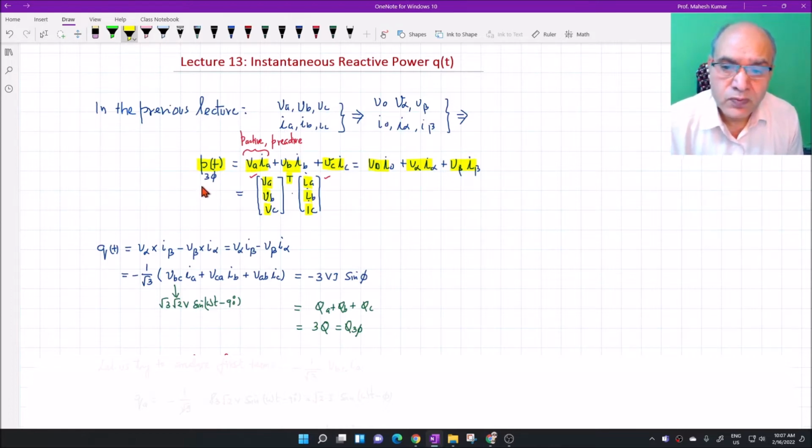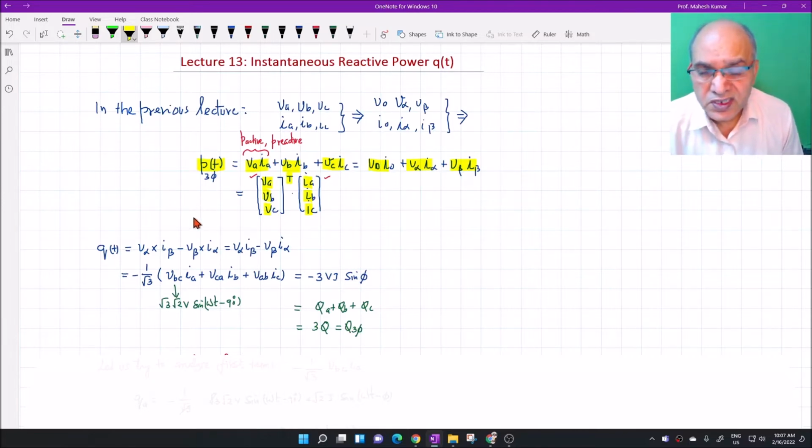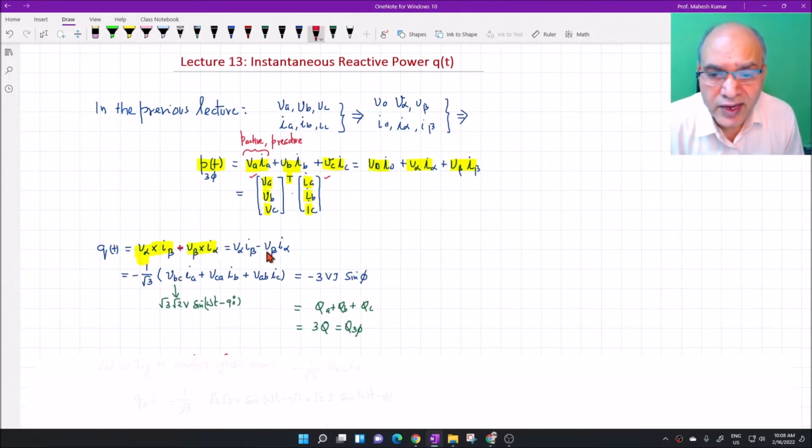We have defined it in a more generalized way, but then we said that for an insignificant zero sequence component, or for zero value of the zero sequence component, the definition of reactive power reduces to this expression. And then V beta cross I alpha becomes minus V beta I alpha, because beta cross alpha has the opposite orientation to that of alpha cross beta.